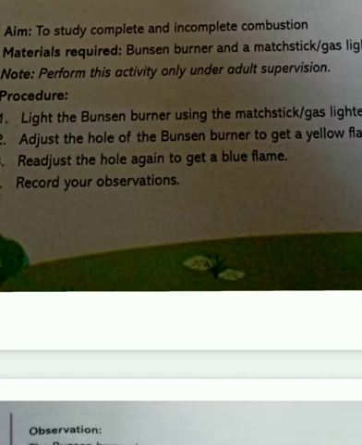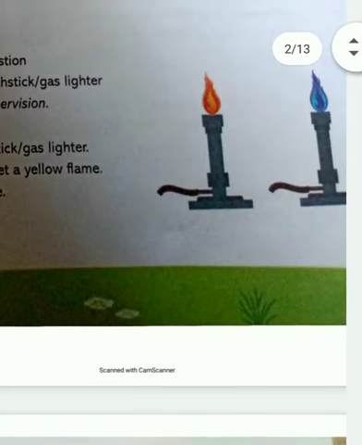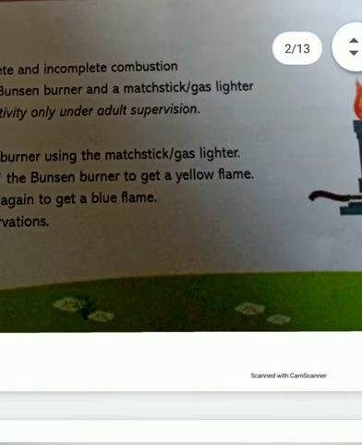For that we require some material like a Bunsen burner, matchstick, or we can take a gas lighter. And we have adjusted two flames. In one you can see a reddish yellowish flame coming out, and in another one a blue color flame is observed. So how can this adjustment be done?